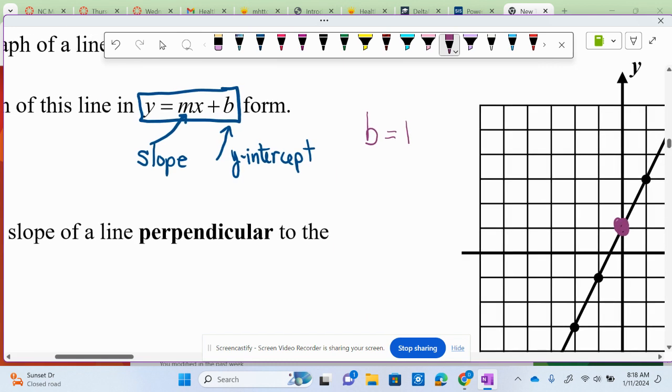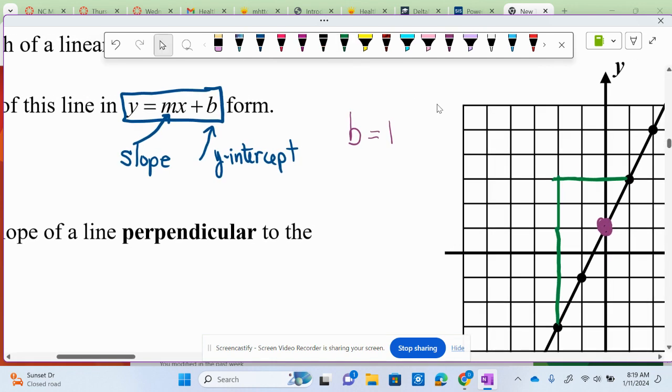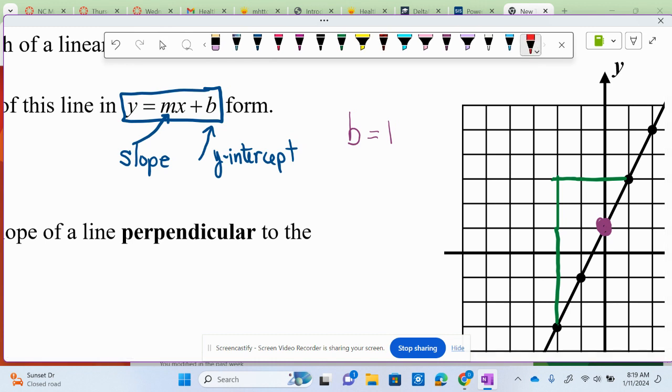Now I need to count my slope. And remember that your slope is your change in your y over your change in your x. And I'm going to kind of make it nice and big so we can do some counting. Change in y, so that's your vertical, over your change in x. So I always kind of try to draw a little triangle that helps me think about my slope. And then I just count it.